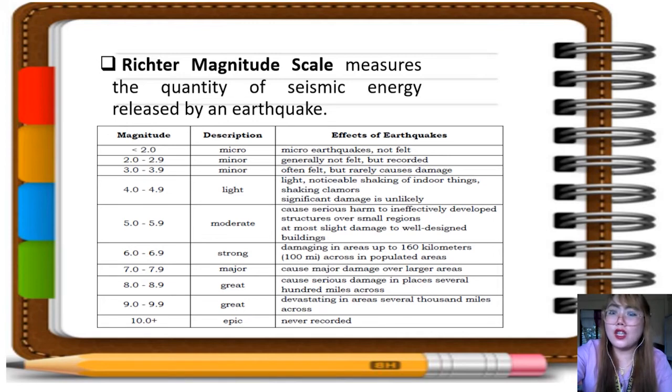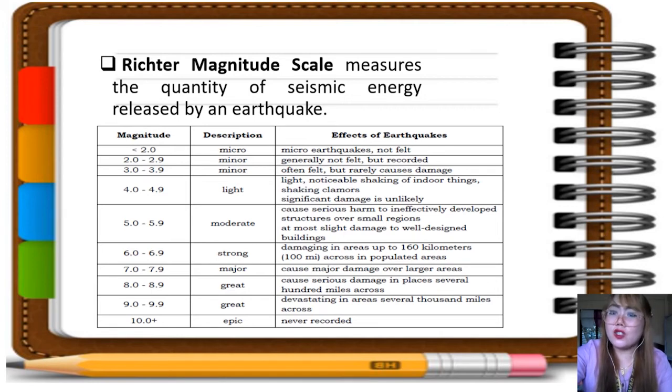Let's try to look at the example found in your module on page 10. The first column tells about the magnitude of an earthquake. The second column tells about the description of the magnitude. The last column pertains to the effects of earthquakes.